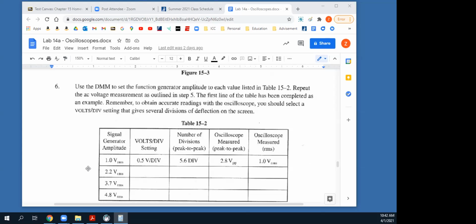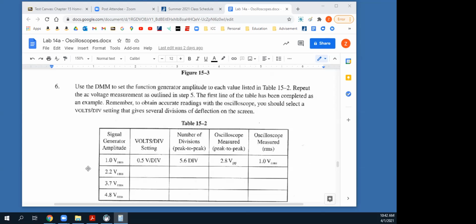Right now, I'm at 1 volt per division, which means that the space from here to here is 1 volt. If I count up 1, 2, 3, 4, 5, 6.2 divisions, that's 6.2 volts peak to peak. Do you understand how I'm getting the 0.2?